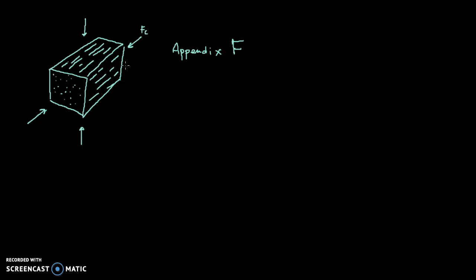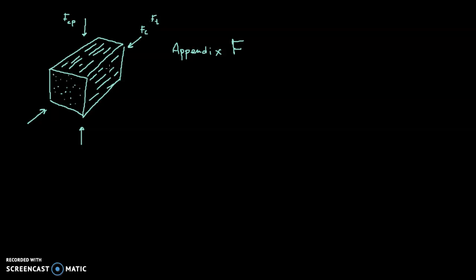You've got FCP, compression perpendicular to the grain. And then you've got tension, the allowable stress in tension. Again, that would be parallel to the grain, so that would be like in this direction, but in tension rather than in compression.